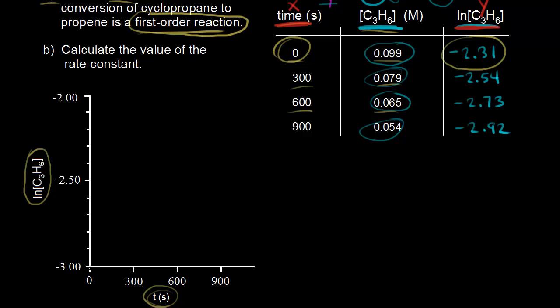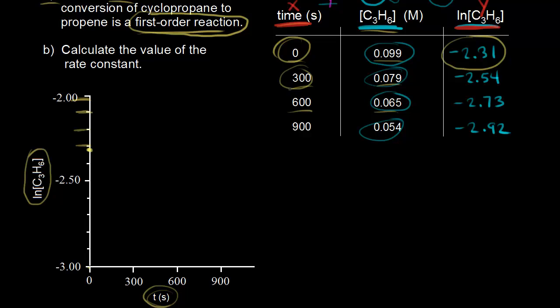This is negative 2, negative 2.1, negative 2.2, and this would be negative 2.3, so negative 2.31 would be pretty close to there. It's very hard to graph something perfectly here, so I'll just say that's approximately negative 2.31.